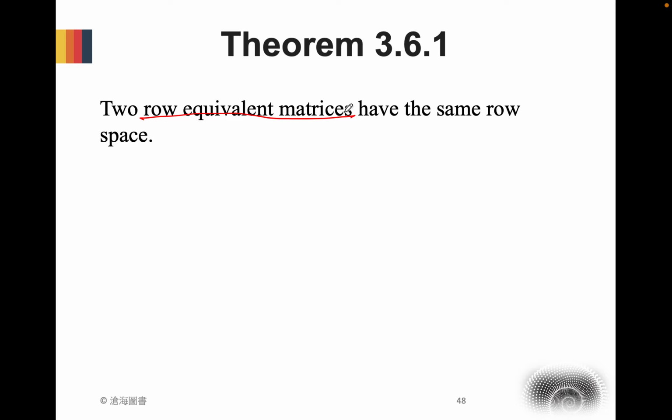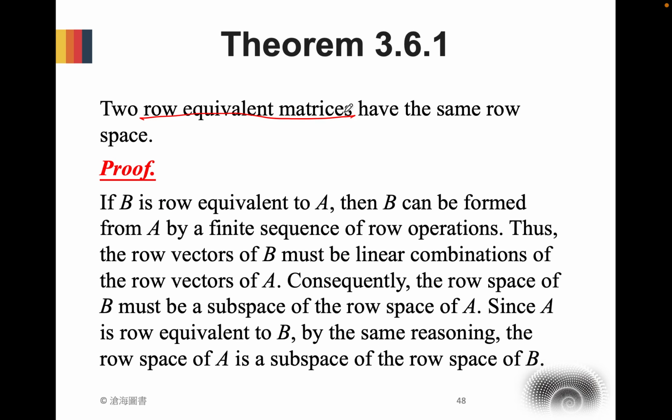That is called row equivalent matrices, right? So here two row equivalent matrices have the same row space. How can we prove that? If the matrix B is row equivalent to A, then B can be formed from A by a finite sequence of row operations, right? We already know that. Thus, the row vectors of B must be linear combinations of the row vectors of A, right?